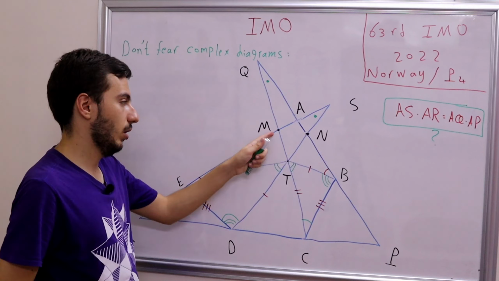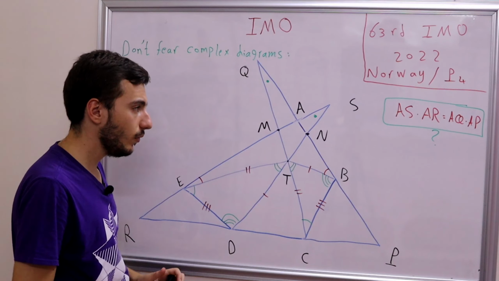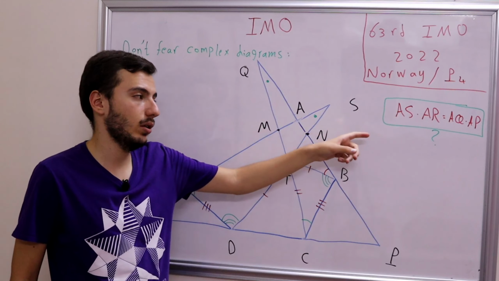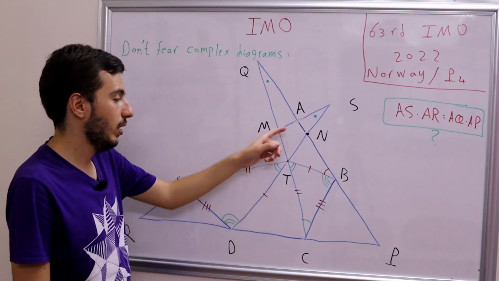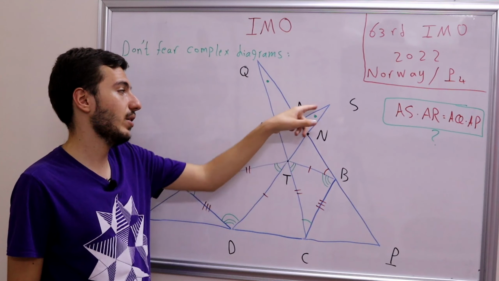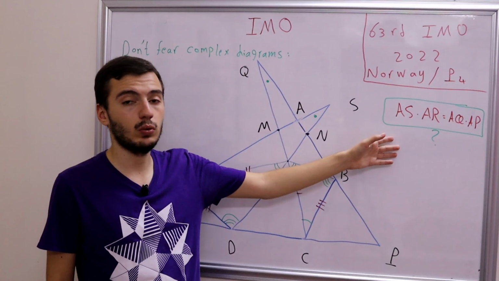Perfect. So what does that mean? Well, remember, we want to show that AS times AR equals AQ times AP. But now, because we know that this one is cyclic, we actually have that AS times AM equals AN times AQ. So something really similar to this.